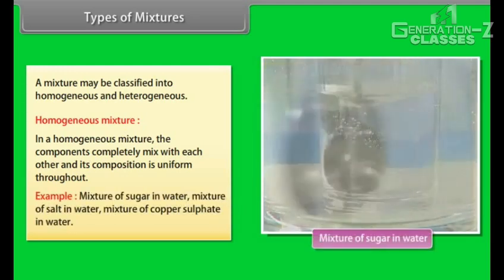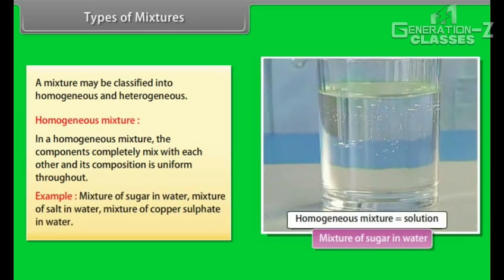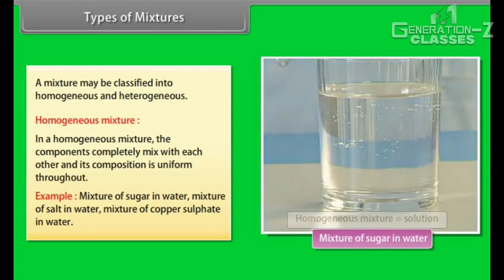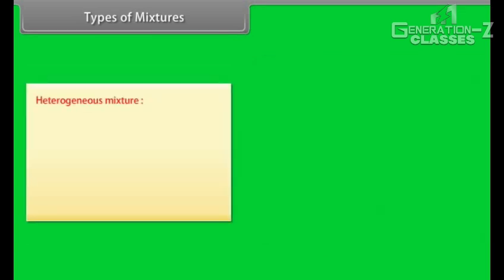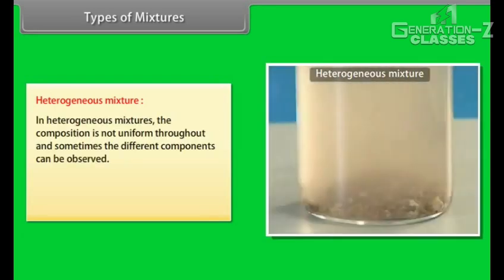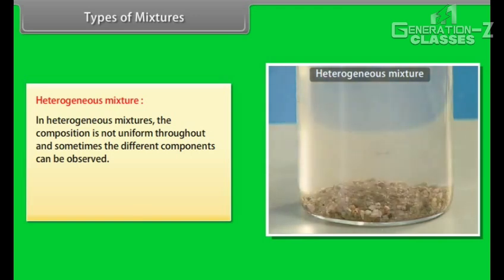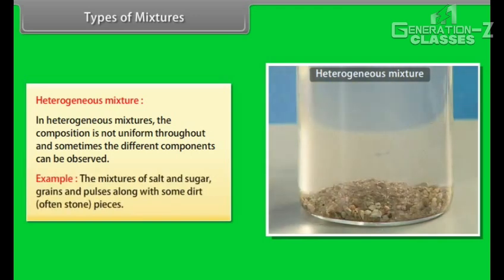Examples: a mixture of sugar in water, salt in water, copper sulfate in water. Heterogeneous mixture. In heterogeneous mixtures, the composition is not uniform throughout and sometimes the different components can be observed. Examples: a mixture of salt and sugar, grains and pulses along with some dirt, often stone pieces.